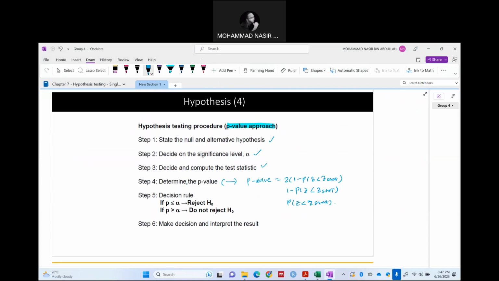The decision rule for p-value: if the p-value is less than alpha, we reject the null hypothesis. If the p-value is more than alpha, we accept the null hypothesis. This is the common decision rule for p-value.